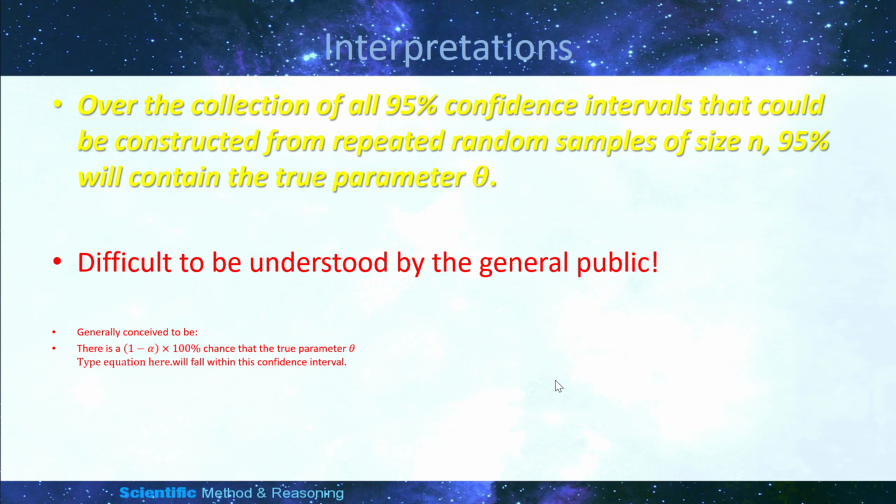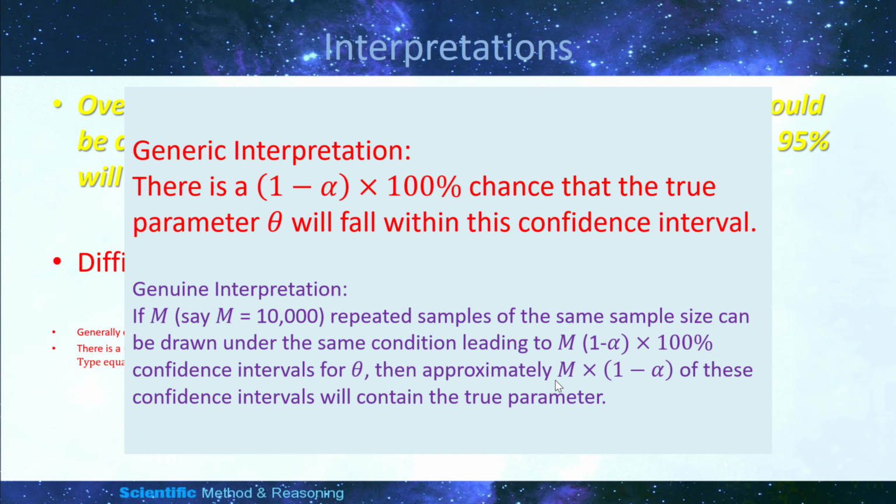We are very confident that this confidence interval will contain the true value theta. Okay? The generic interpretation is there is a 1 minus alpha times 100% chance that the true parameter theta will fall within this confidence interval.